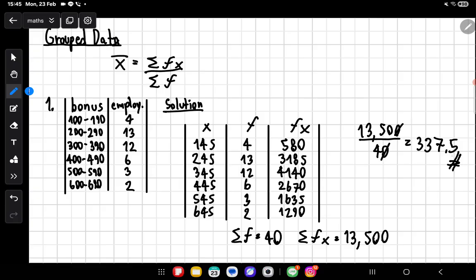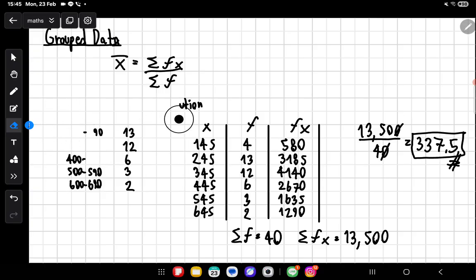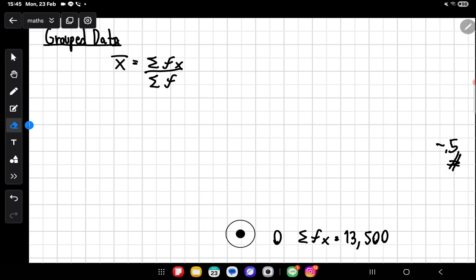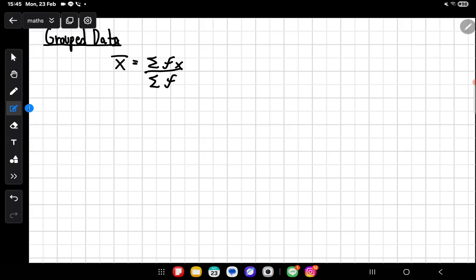If you got the answer correct, there shouldn't be any decimals on this one. So that's example number 1 over with. Now let's go to example number 2, and this time we're gonna have you do it yourself. But it's gonna be a bit easier than example number 1.